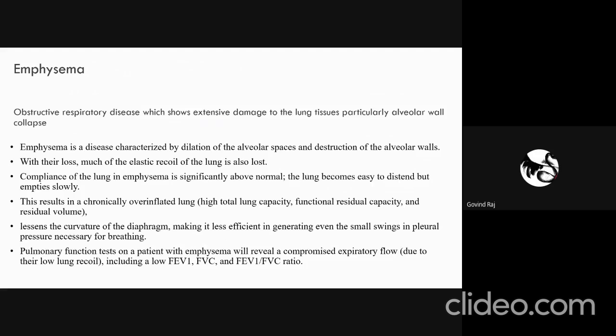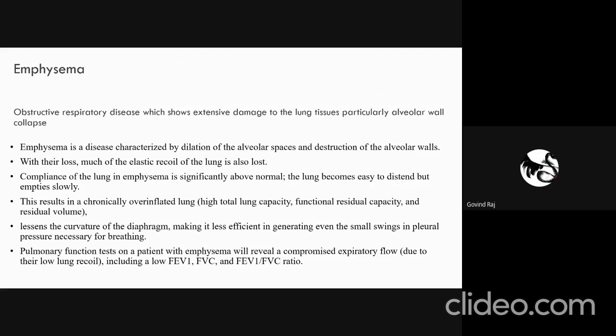Here also the pulmonary function test, or the lung function test, will give a low FEV1 by FVC. This is a general character of every obstructive disease, because in every obstructive disease the lung will have a greater amount of residual volume.